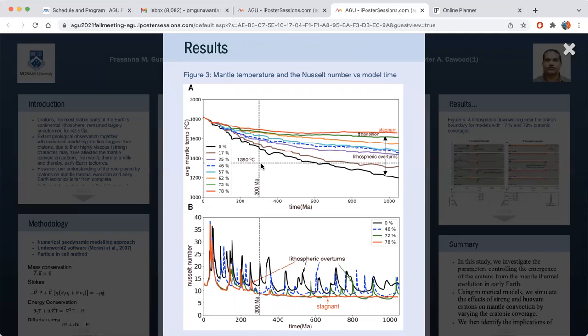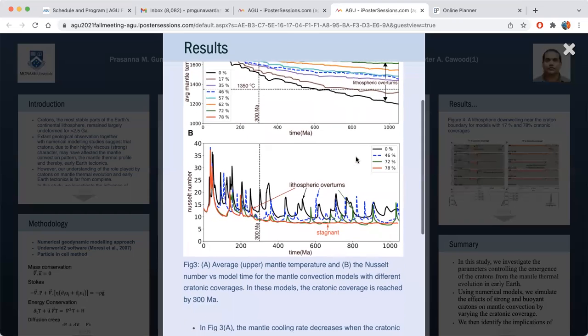So it evolved freely and reached a cooler value faster. But when you increase the cratonic coverage from 0 to 78%, you can see the thermal stabilities reach a higher value, and ultimately the model transitions towards a stagnant lid condition at 78% of cratonic coverage.